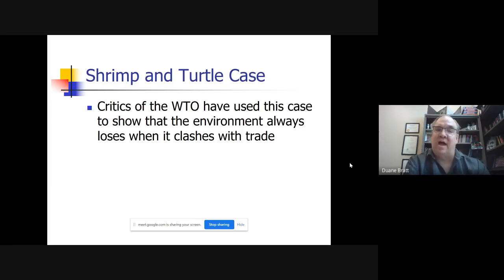And if you look at those other aspects, it would show that no, the WTO does support environmental protection. It just has to be done in a proper way, in a way that doesn't discriminate against trade.